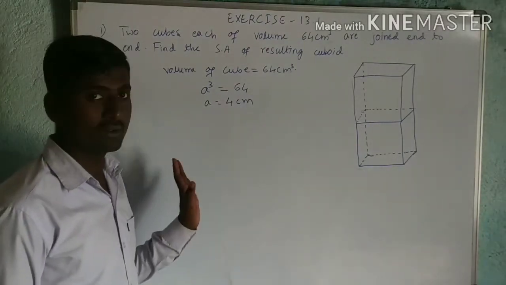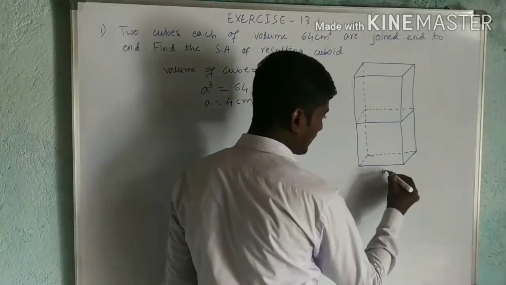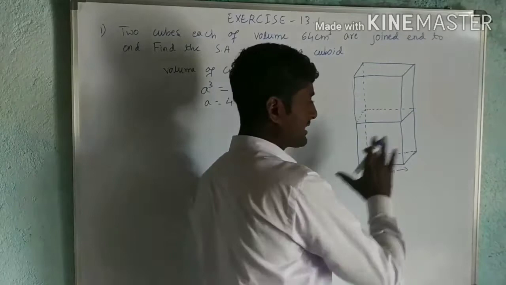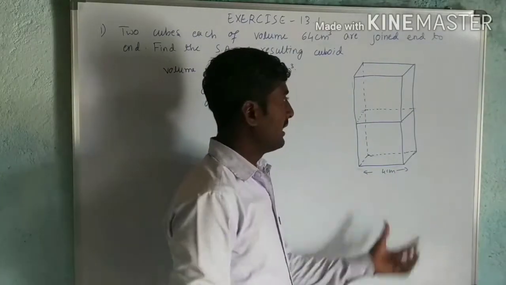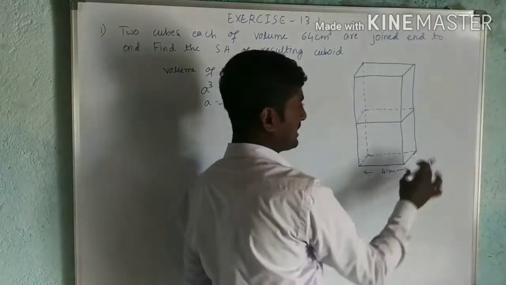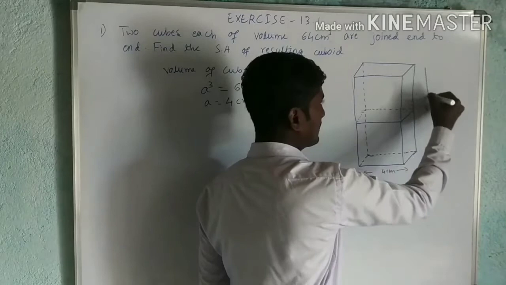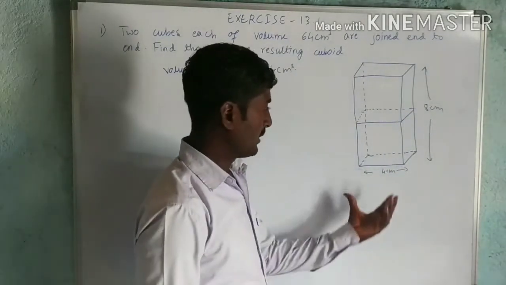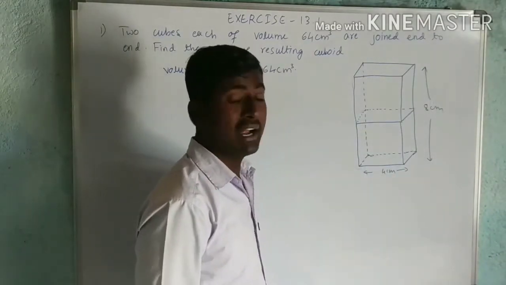I got it. Okay. Now, so length of this is 4 centimeter. This I'll take it as 4. So let us take this as cuboid. Now this is 4 centimeter. And now this height. So this is 4 and this is 4. This is 8 centimeter. So this will be the height. Now length 4 centimeter, height 8 centimeter and breadth.